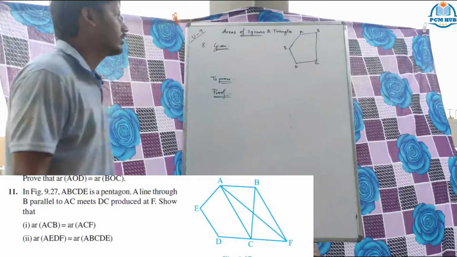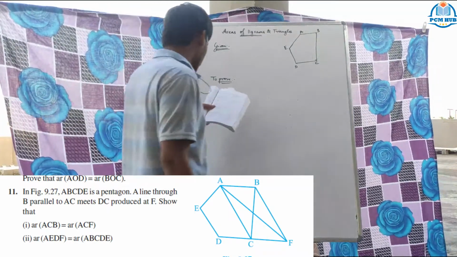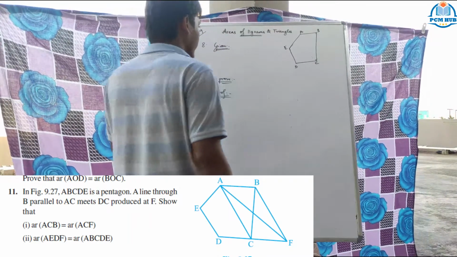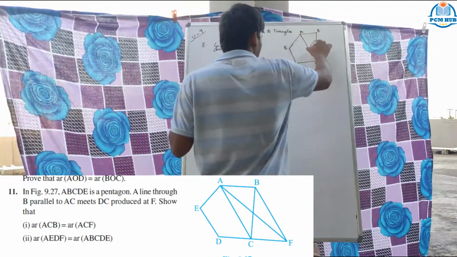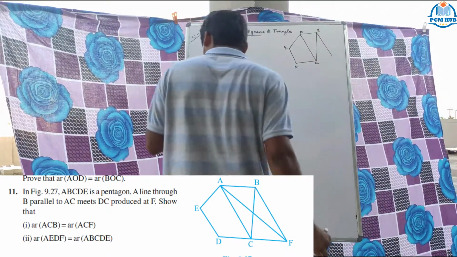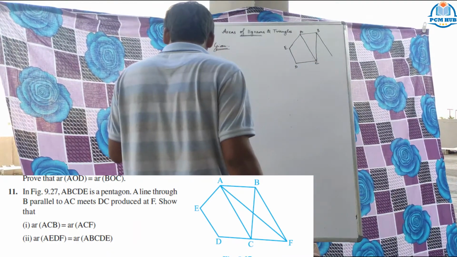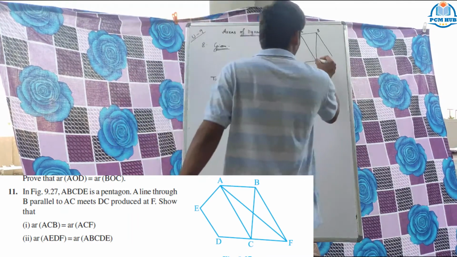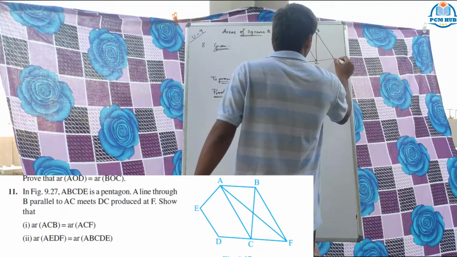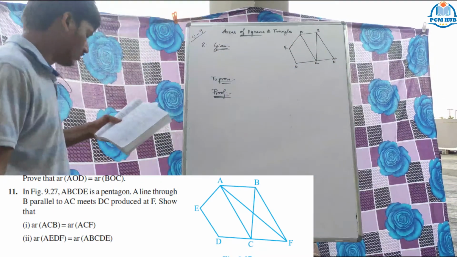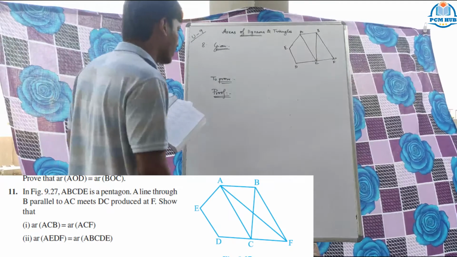Then he told that a line through B parallel to AC. Parallel to AC means first we draw AC, and a line through B parallel to AC like this meets DC produced at F. That means DC is produced to some forward point, where it meets F. So now he is asking to prove.